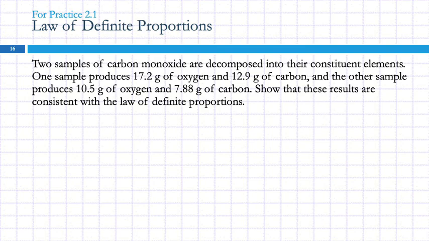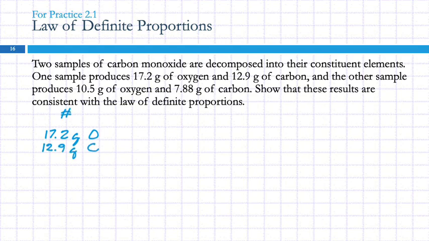Okay, so here we've got 2 samples of carbon monoxide decomposed into their constituent elements. So I'm just going to take some notes here as I read this, speed things up a little bit. So one sample has 17.2 grams of oxygen and 12.9 grams of carbon.